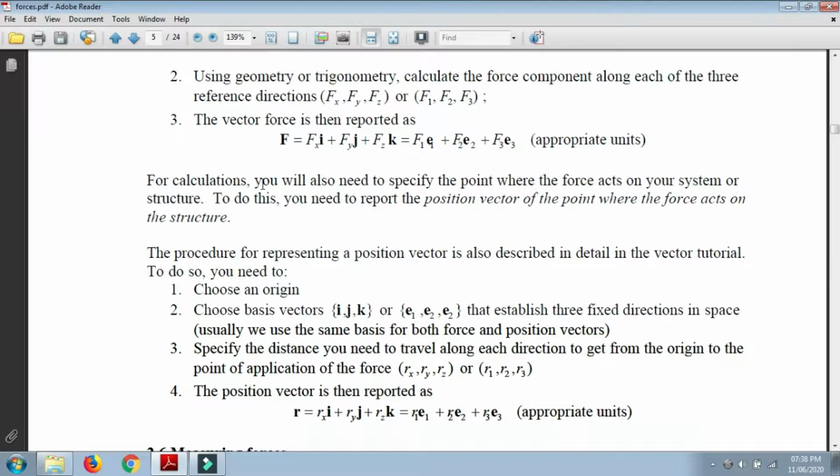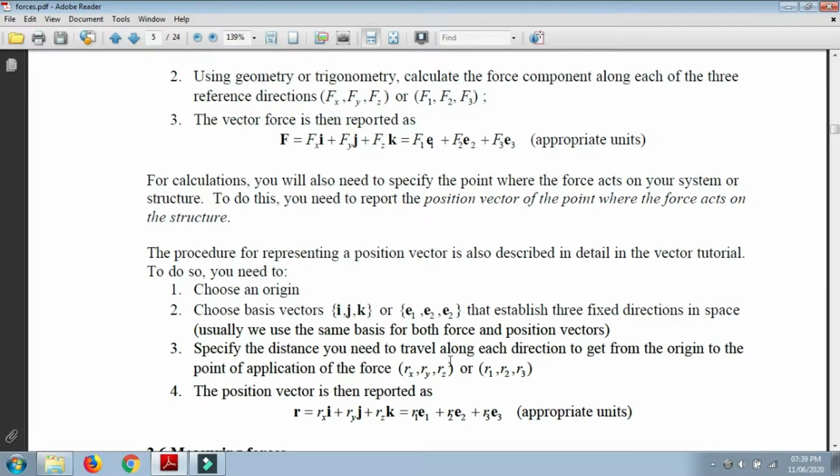For calculation, you will also need to specify the points where the force acts on your system or structure. To do this, you need to report the position vector of the point where the force acts on the structure. The procedure for representing the position vector is described here. Choose an origin, and choose the basis vectors i, j, k or E1, E2, E3 that establish the three fixed directions in space.